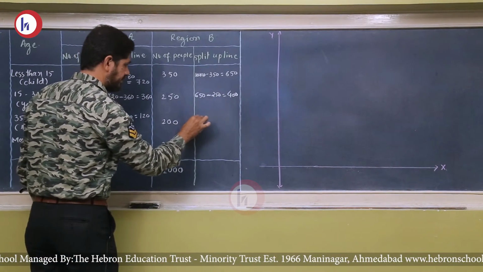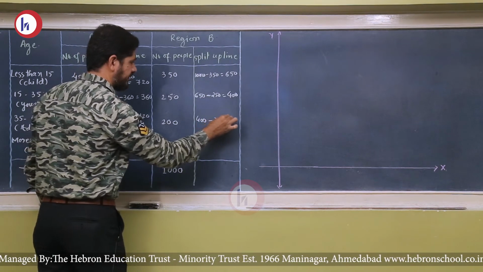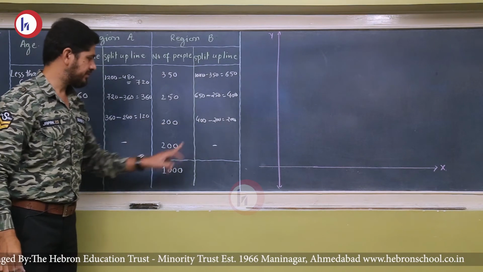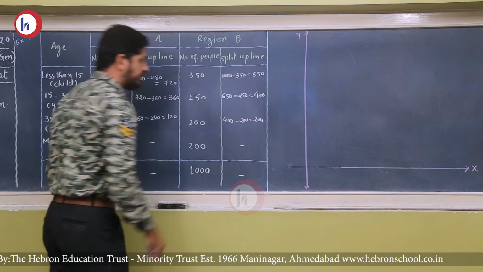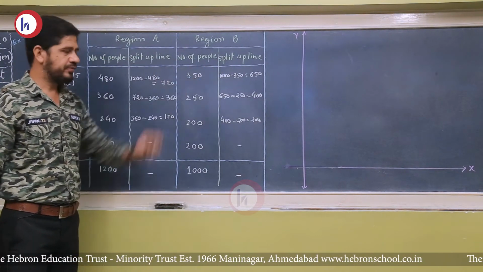Now copy the same. 400 minus 200 gives 200, and finally we get 0, as 200 minus 200 is nothing. So we will represent the split up numbers in the graph.